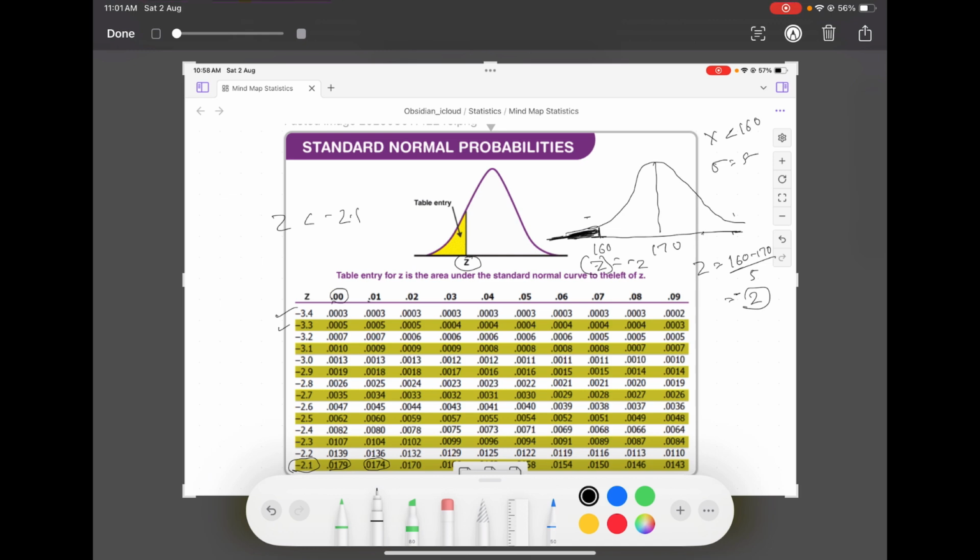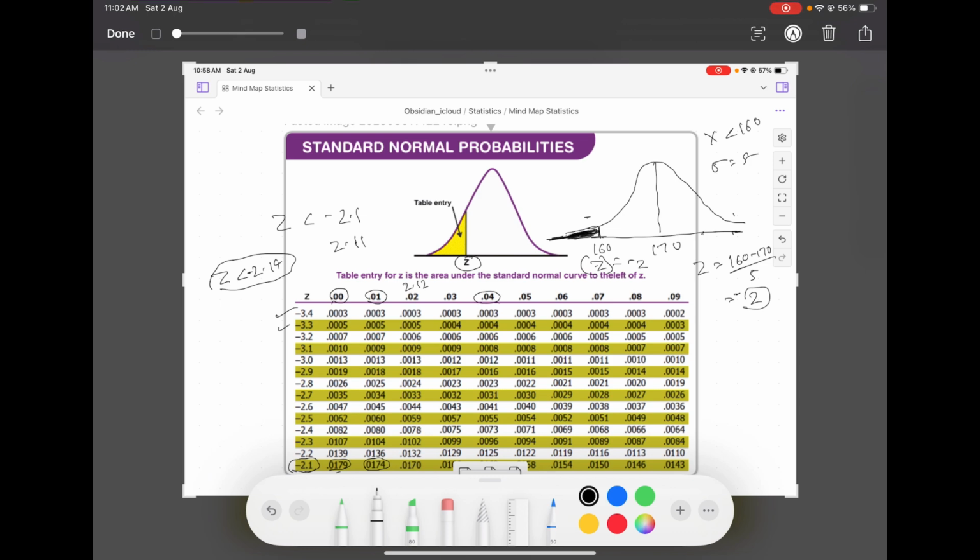This column corresponds to 2.1, this to 2.11, this to 2.12, etc. If you want to calculate the probability that Z is less than minus 2.14, you take this row 2.1 and this column for the last digit, so 2.14 here.